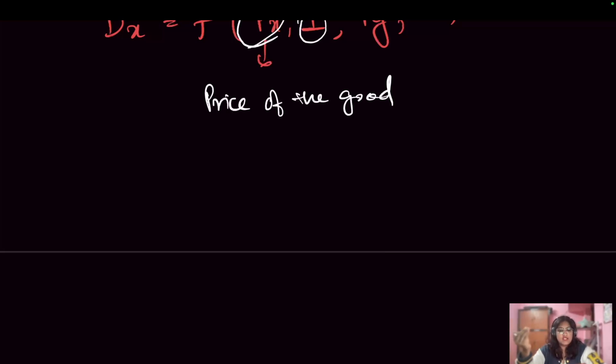Then you have necessity goods, that you buy the same amount regardless of the income. Like toothpaste. You will not buy more toothpaste because your income increased, right? How much ever you require, that much only you will purchase. And inferior goods. Inferior goods are goods that we will purchase less when our income increases.